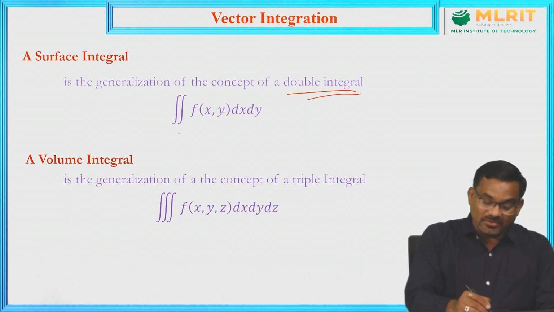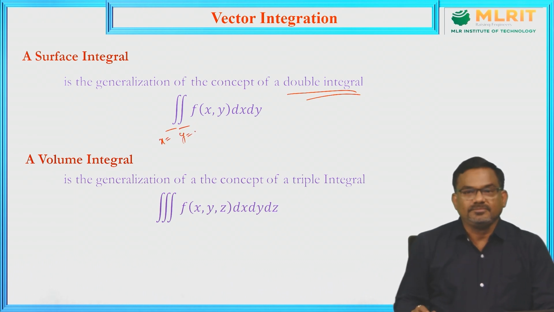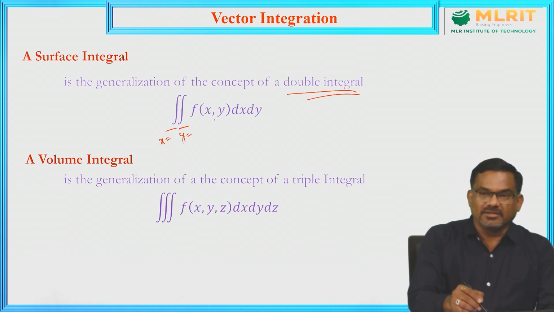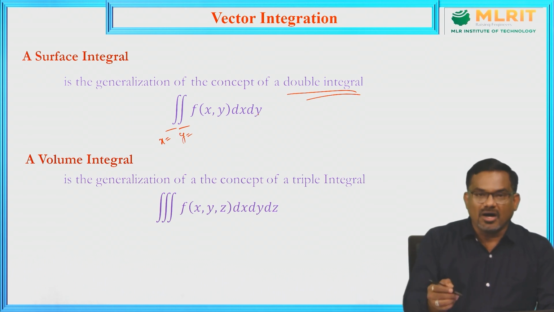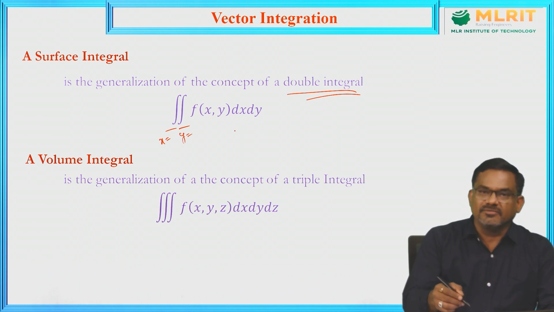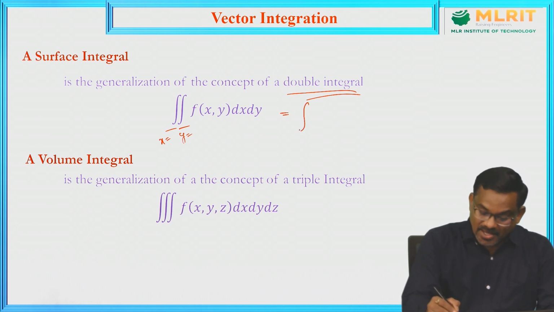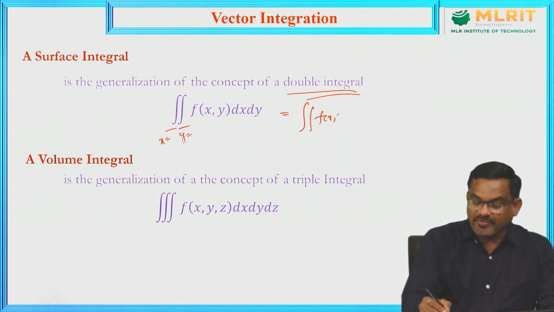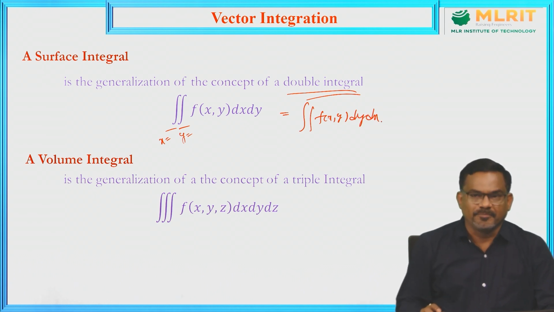Here there are two integrations, one with respect to x and the other with respect to y. We integrate the function first with respect to y and then with respect to x, or first with respect to x then with respect to y. So this is the same as the double integral of f of x, y dy dx also. Both give the same answer.